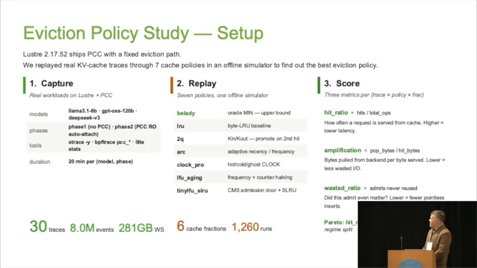Okay, so I had the caching device size equal to the storage device size, which is not a solution for real workloads. So I decided to find the best eviction policy for the key value cache.